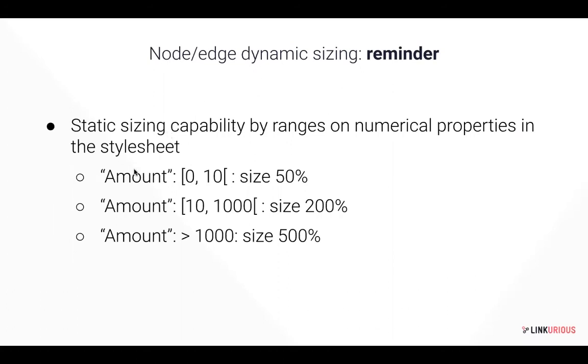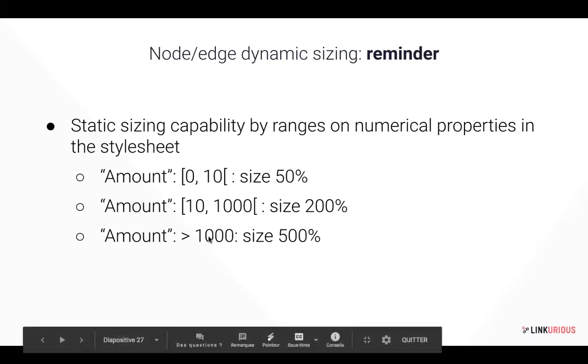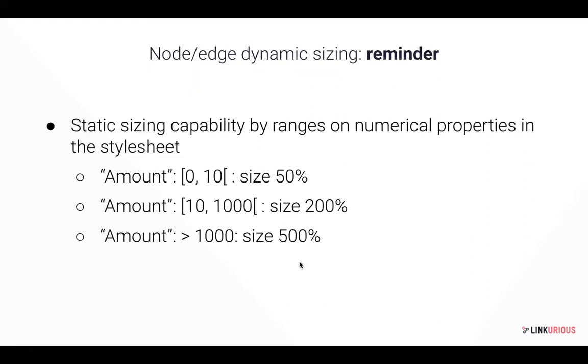So for example, if you had an amount on some kind of category of nodes, you could say that for an amount from 0 to 10, the size of the nodes would be half the size of a standard node. And then say that from 10 to 1000, the size would be twice the size of a standard node. And if the amount was above 1000, it would be a size of 500%.